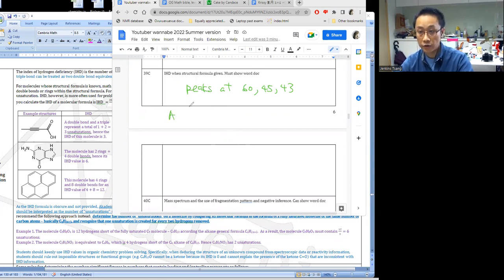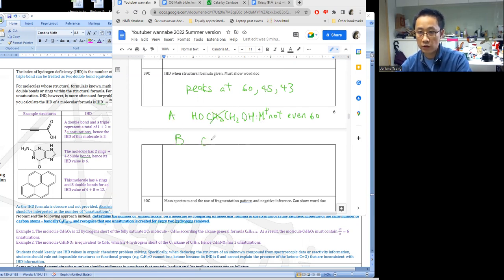You have to know the halogen isotopomers, but carbon, oxygen and hydrogen isotopomers I don't think have ever shown up before. So choice A is like this. The molecular mass is not even 60, because 60 is the molecular ion peak. So the M+ is not even 60, so not correct.